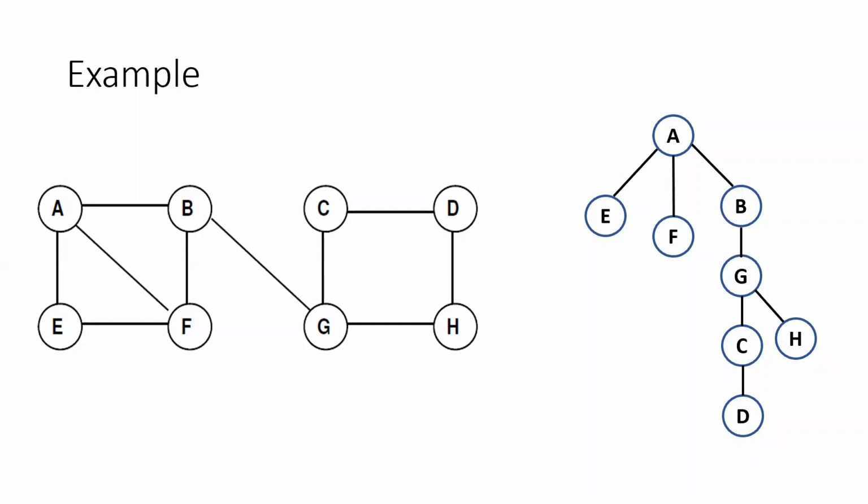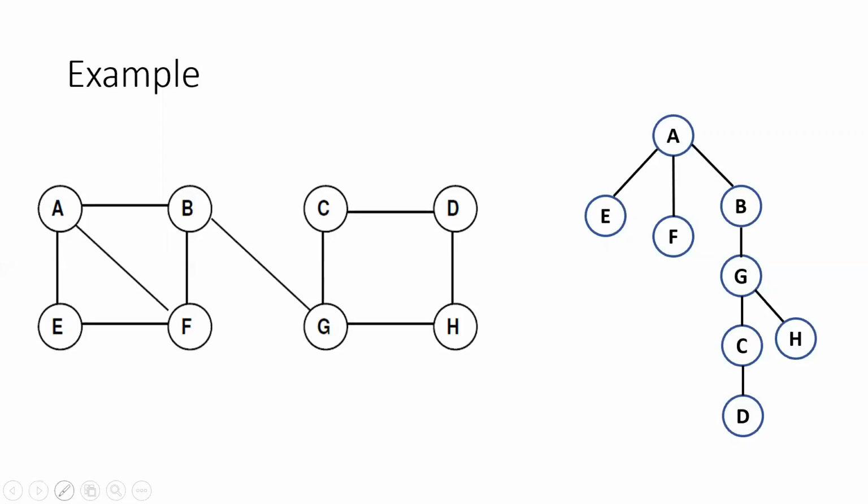Okay. So what we will be doing, first we will be inserting A into the Q. We are going to insert A because we are going to explore A. So what are the adjacent vertices we discovered? B, E, and F will be inserted into the Q. Now, we have visited B, E, and F, right?